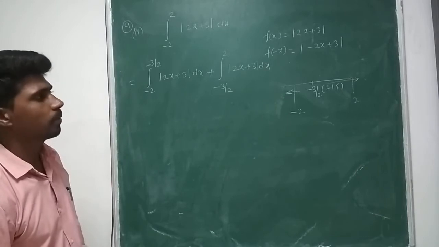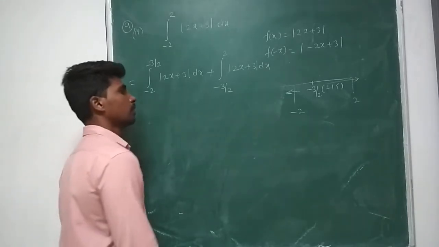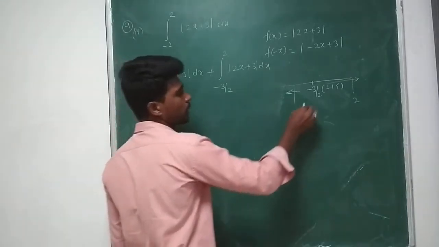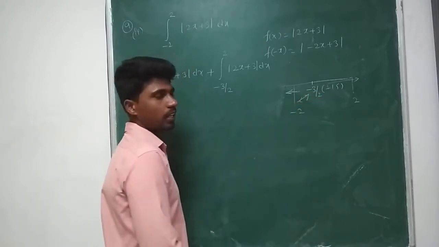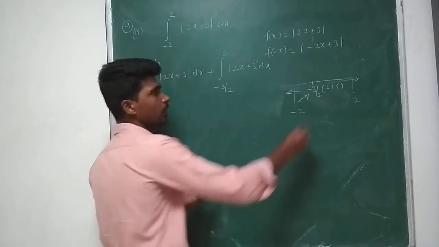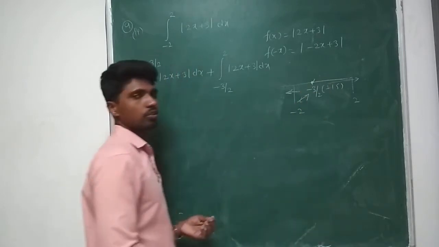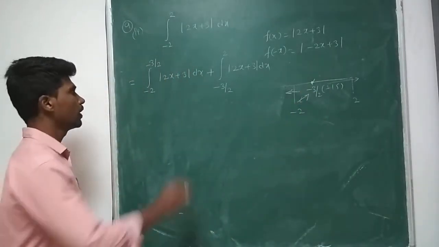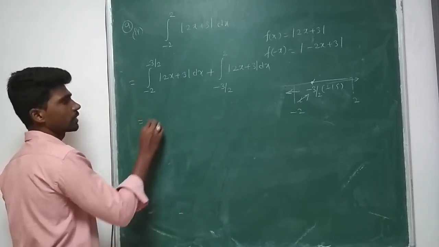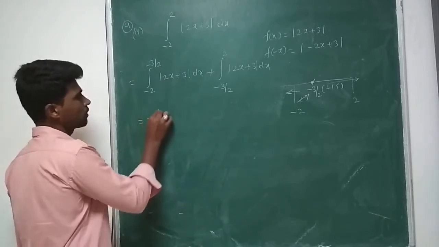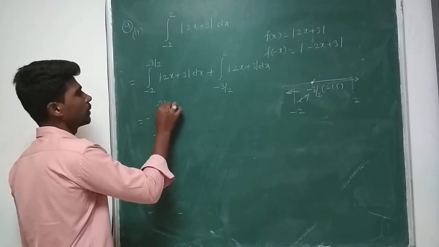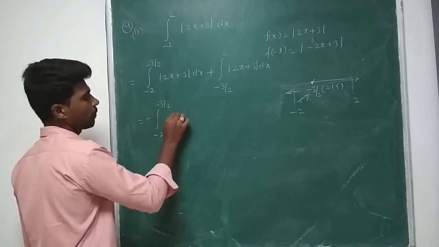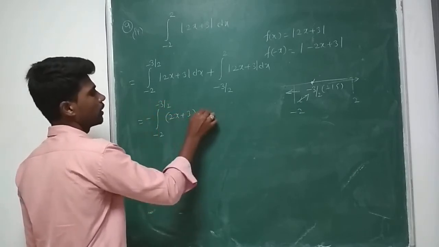Now we have to check the behavior. From minus 2 to minus 3 by 2, this region lies on the left side of the critical point. If it is on the left side, I consider the function as negative. So in this particular region, the function acts as negative. So minus integral minus 2 to minus 3 by 2 of 2x plus 3 dx.